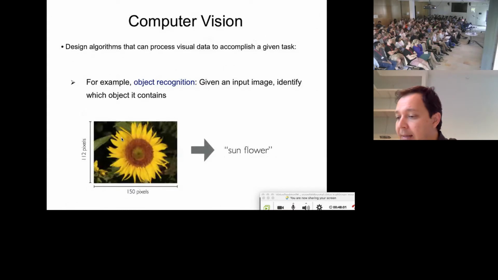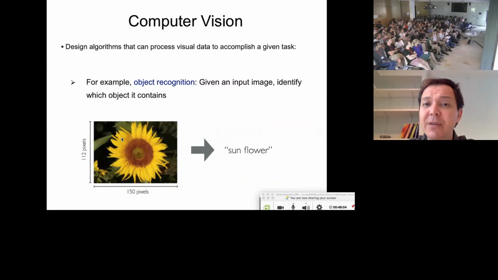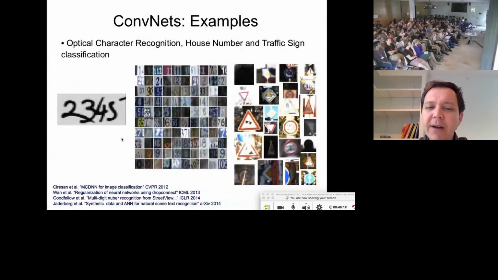Okay? Now, in the last few minutes, I'll show you some examples from the computer vision domain, because that domain has been very successful in the last 5 years. This is an example of object recognition: given an input, identify which object it contains, right? One of the most popular types of neural networks are convolutional neural networks.